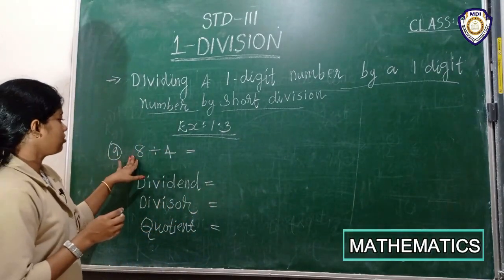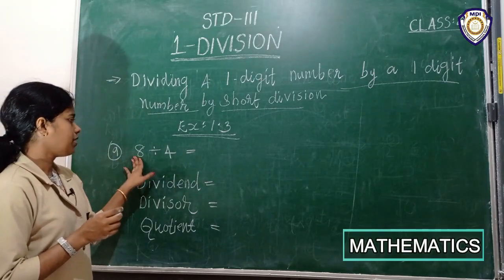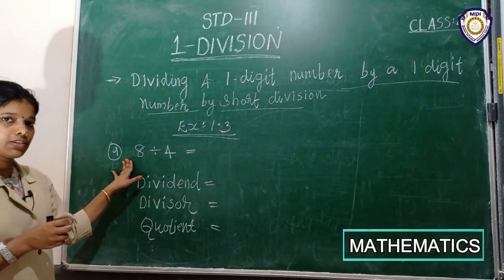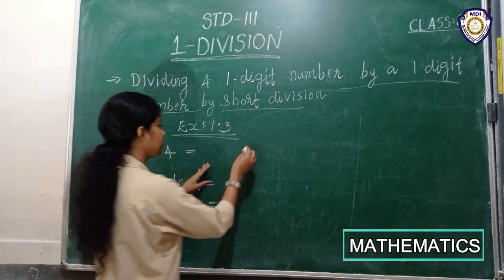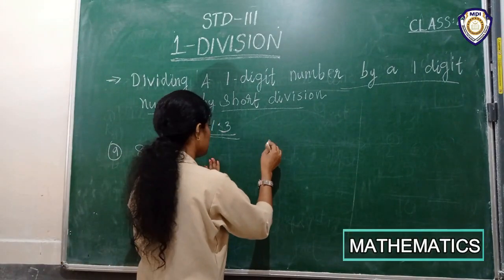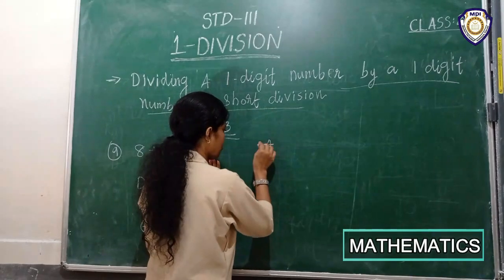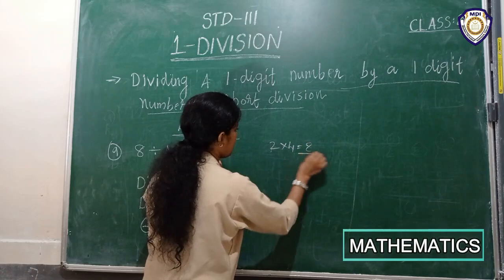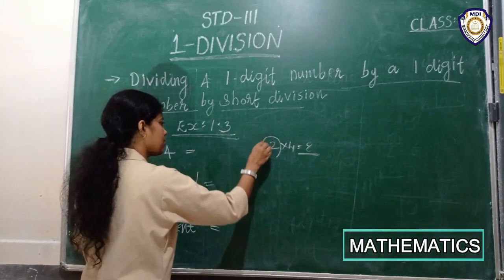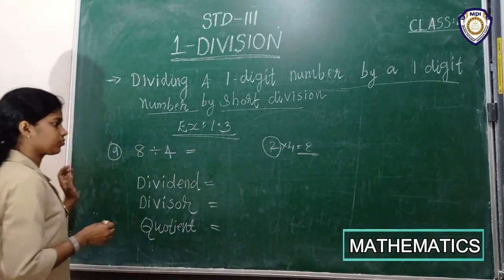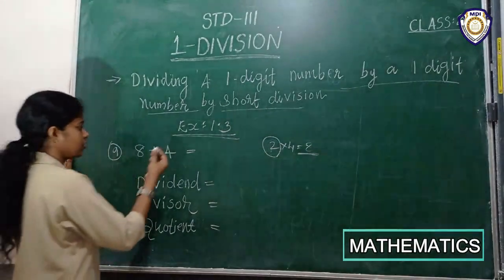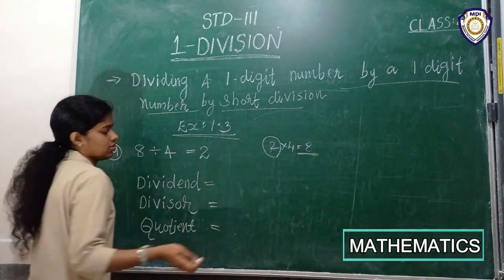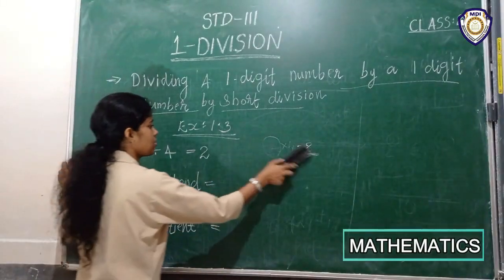How many times 4 in 8? 1 4 is 4, 2 4s are 8. How many times? 2 times.